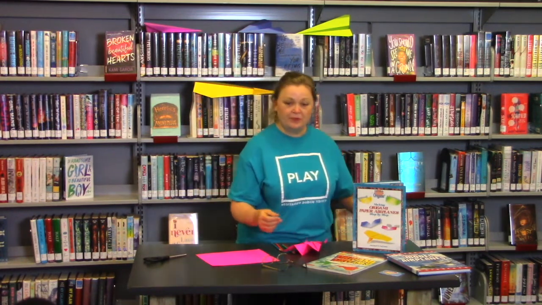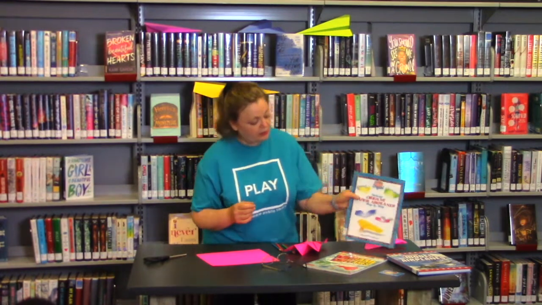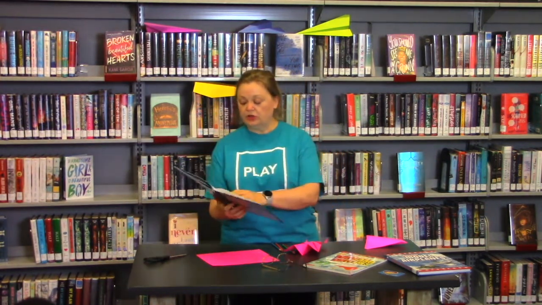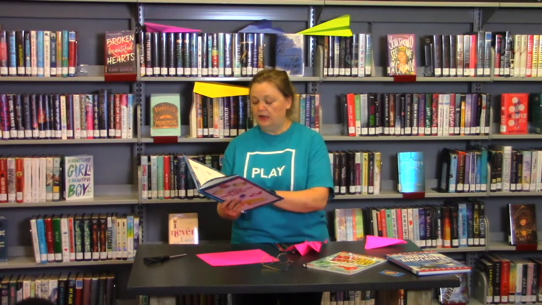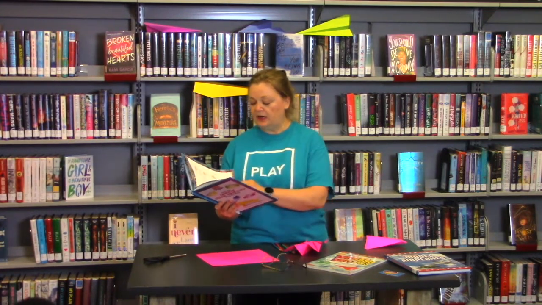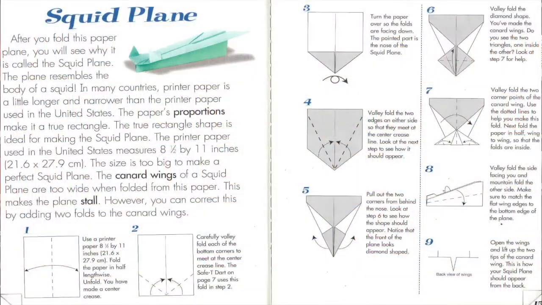Alright, so I'm going to open up the book that this design came from, the Making Origami Paper Airplane Step by Step. This is the one for children. And the squid, I'm going to open up the page so I can refer to it.